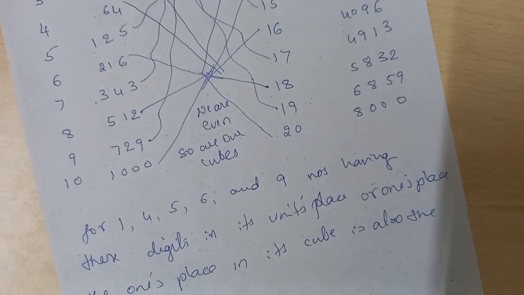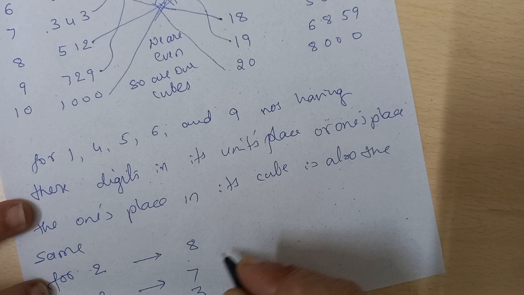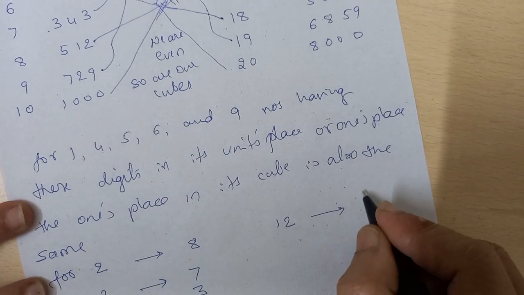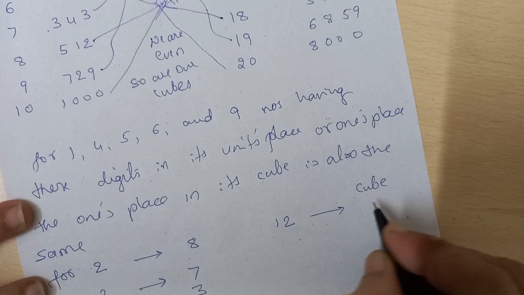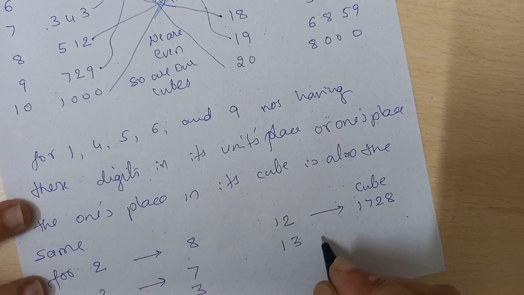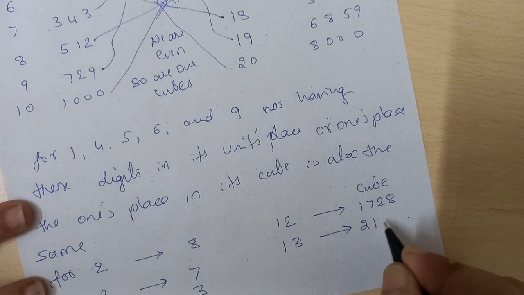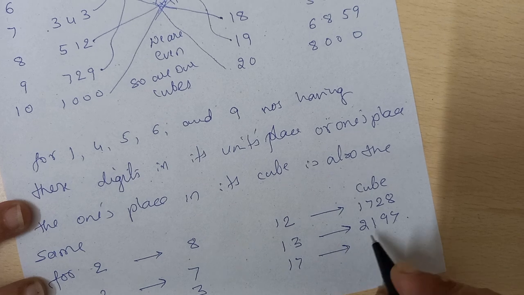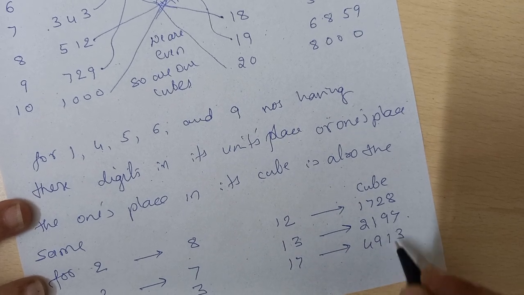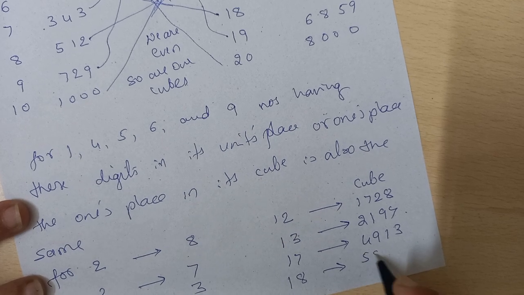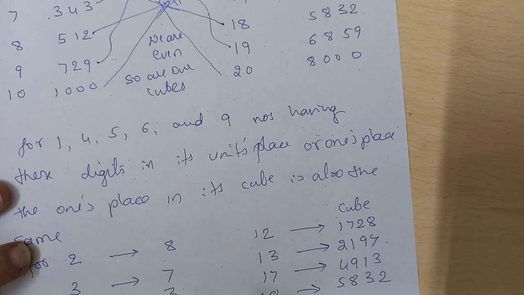See the fun in these numbers. 12, cube of 12 is 1728. 13, cube of 13 is 2197. Cube of 17 is 4913. Cube of 18 is 5832.